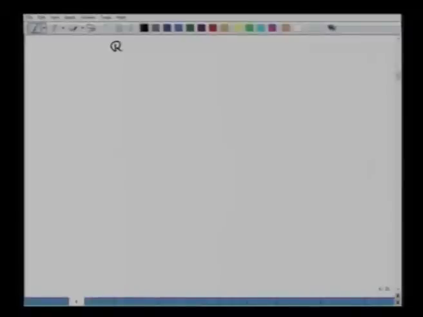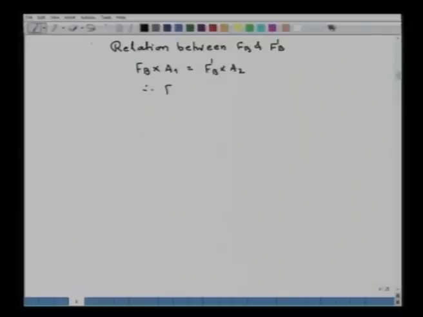Now, there is a relation between FB and F dash B: FB into A1 is equal to F dash B into A2. Therefore, F dash B can be expressed in terms of FB, that is into A1 upon A2.